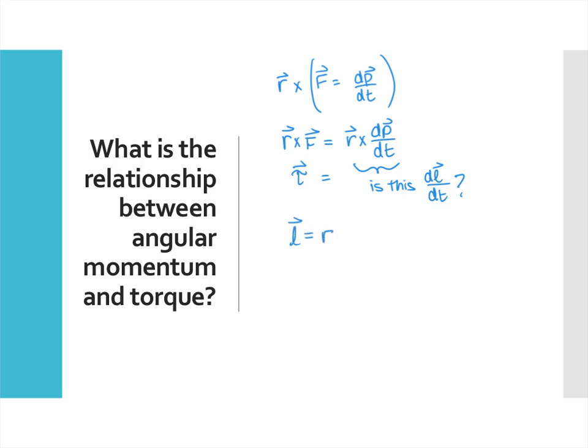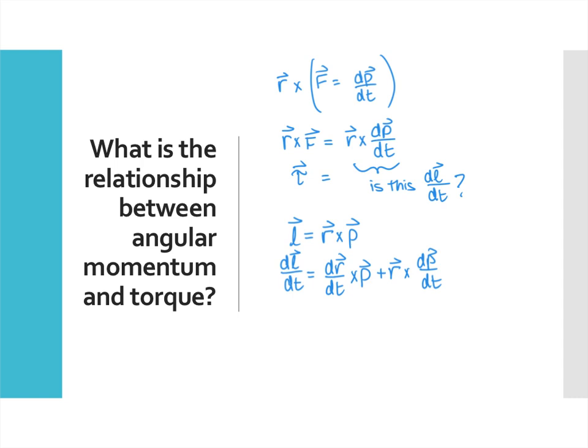L is R cross P, so let's take its time derivative. So we have to use the product rule on the right-hand side where we take the derivative of R with respect to time, cross it with P, and now we're going to take R cross the derivative of P with respect to time.